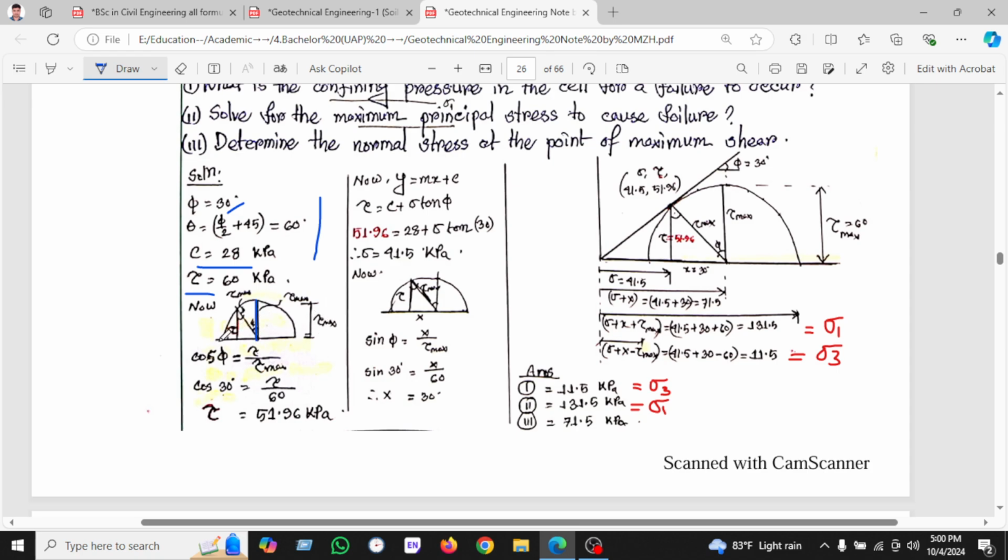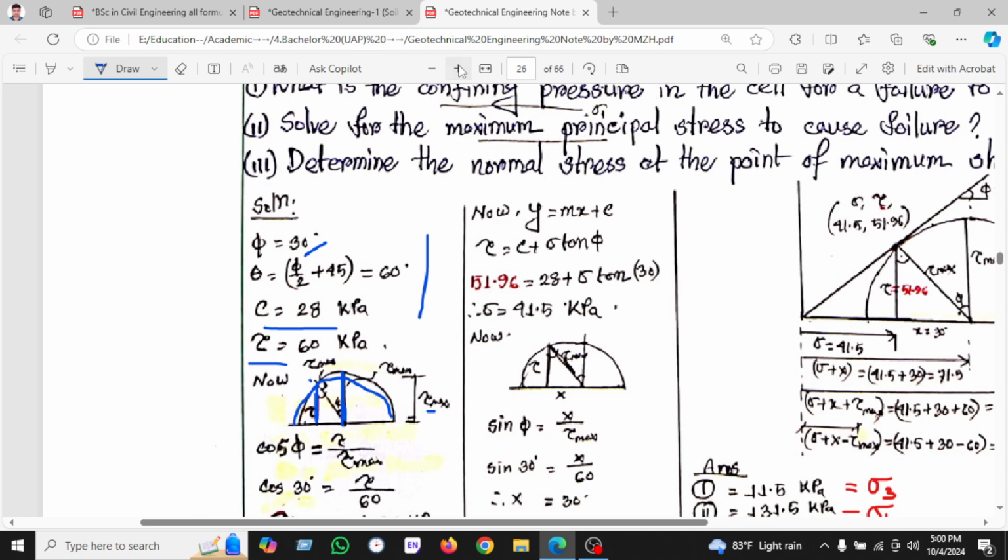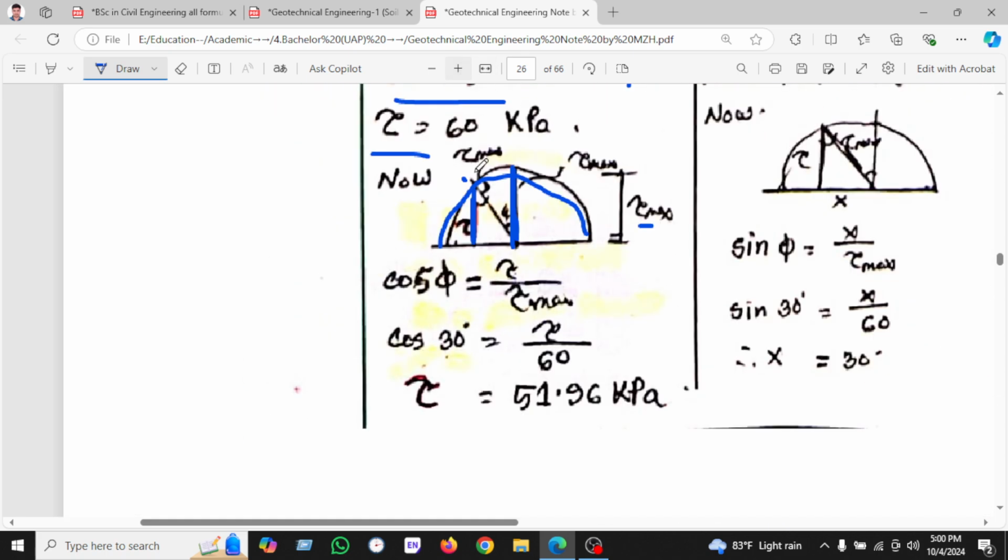Firstly we draw the circle. Then the maximum stress is given here, τ is 60, and we want to find this position. Then we continue and compare with cos θ, σ at this point divided by the maximum, and found φ equal to 51.96.